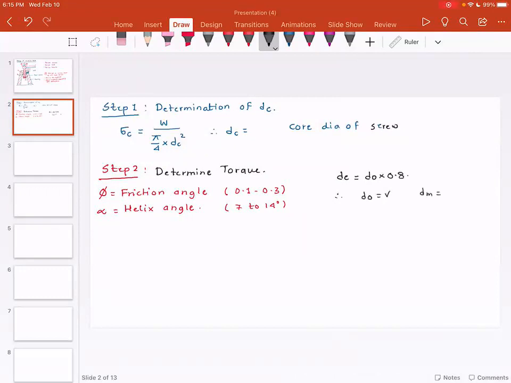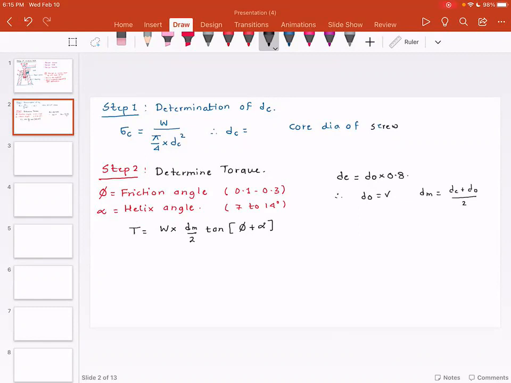Mean diameter is dc plus do divided by 2. Once we know the mean diameter, we can use that information to find out the value of torque. So T, the torque needed to raise the load, is W multiplied by dm by 2 tan of phi plus alpha. And this is the exact same equation that we used in the last class.